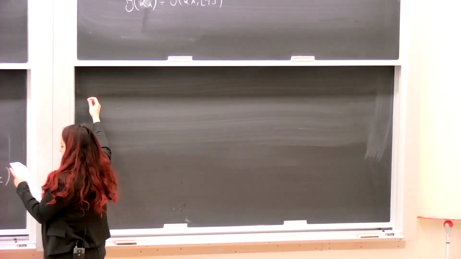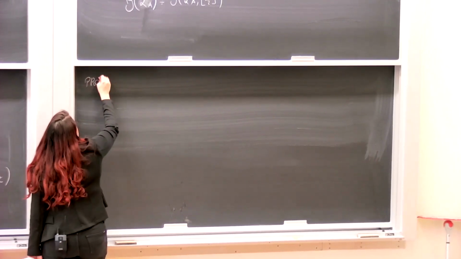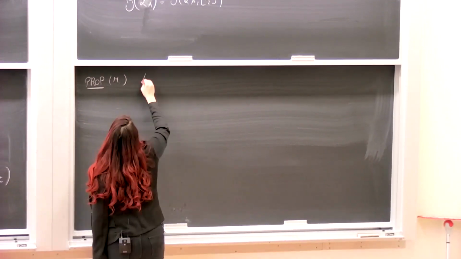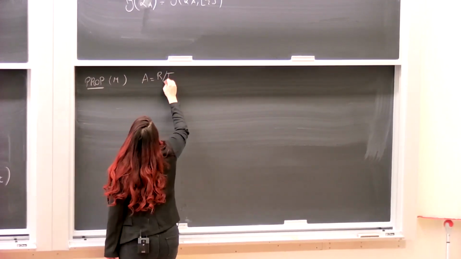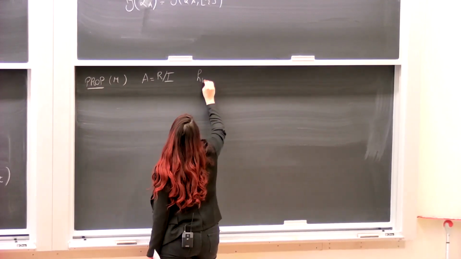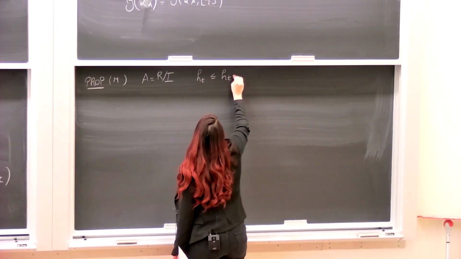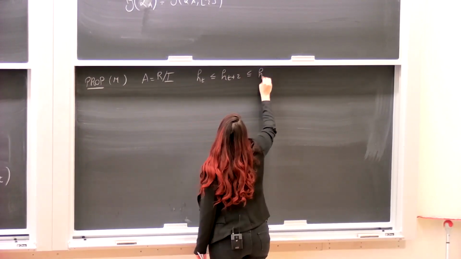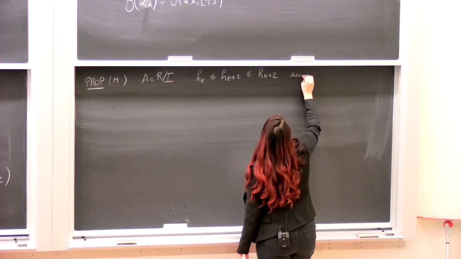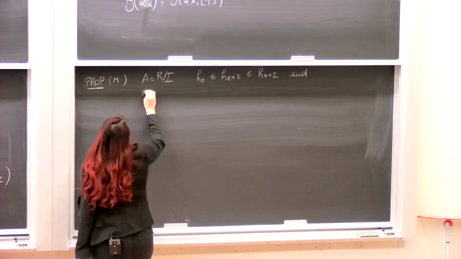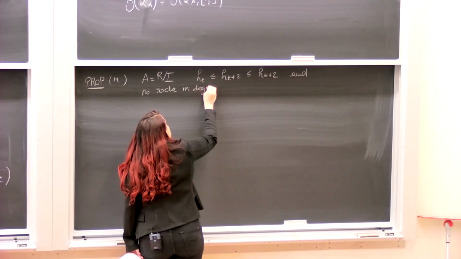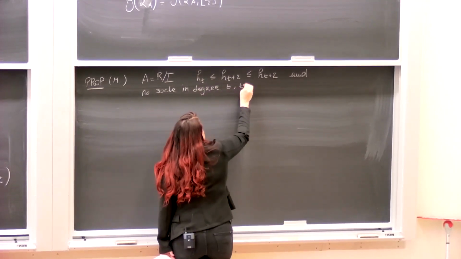And so the first thing that we have is, let's assume that A is an Artinian algebra. For now, I don't assume that this is Gorenstein, but I'm assuming that h_t is less or equal than h_{t+2}, that is less or equal than h_{t+4}, and that I don't have socle in degree t and in degree t plus 1.